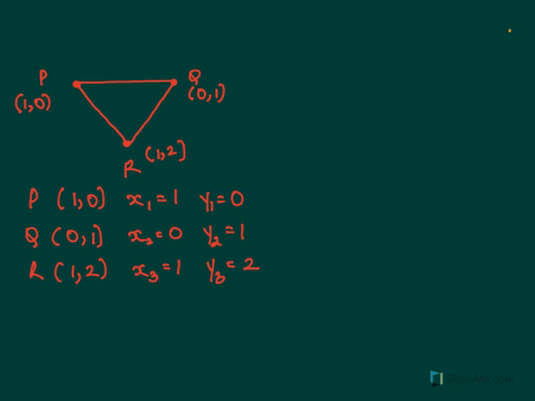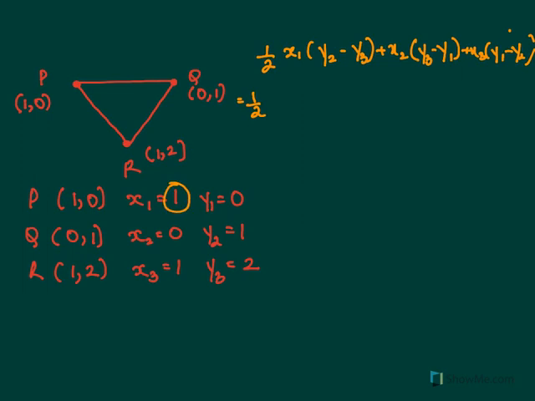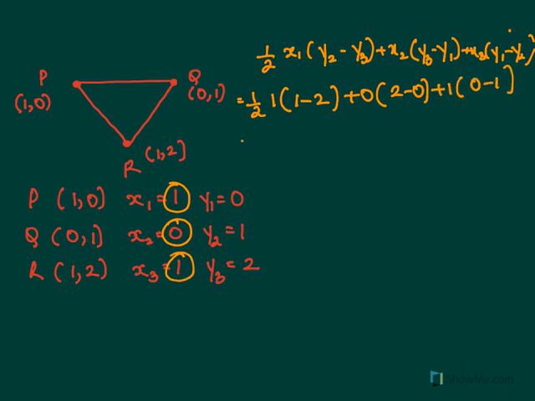Formula of area: half of x1 times (y2 minus y3) plus x2 times (y3 minus y1) plus x3 times (y1 minus y2). Half of 1 times (1 minus 2), plus 0, plus 1 times (0 minus 1).